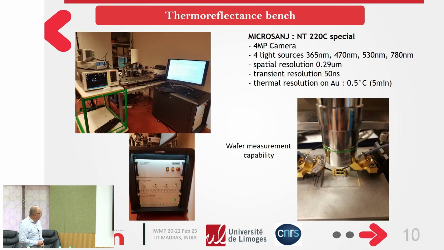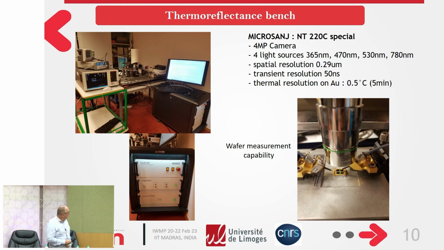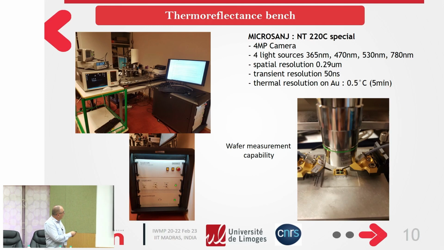So this is a picture of the microsange thermoreflectance bench. On this bench, we have a 4 megapixel camera. We have 4 light sources from 365 nanometers to 780 nanometers. We will see that the first wavelength will allow us to measure GaN devices especially, and the other extremum is for aluminum.